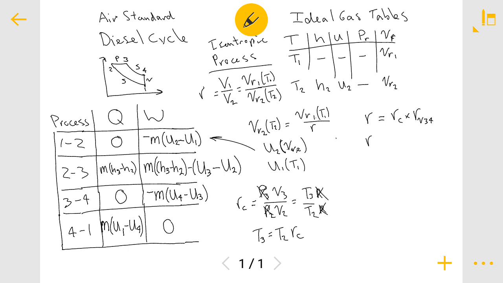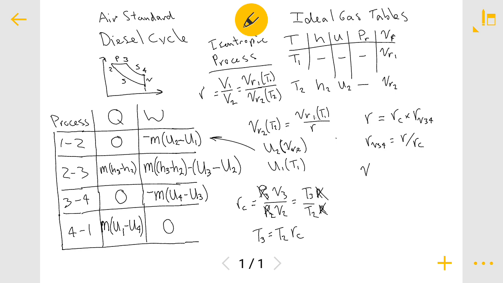So RV34 equals R divided by RC. If we had 3 expansion processes and we knew the ratio for all of them, we would just multiply those 3 together, and that would equal the product of all the expansion ratios.